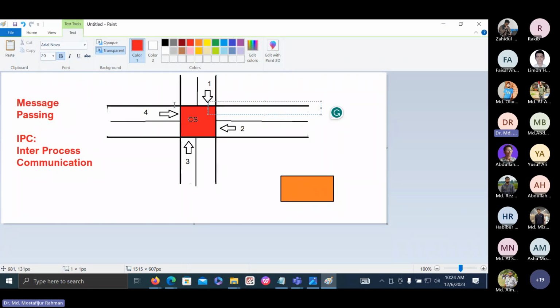Process one accesses it, and once it completes its execution and releases the critical section, then the operating system sends a signal to process 2. Process 2 can access the critical section. Like that, using message passing. Clear?